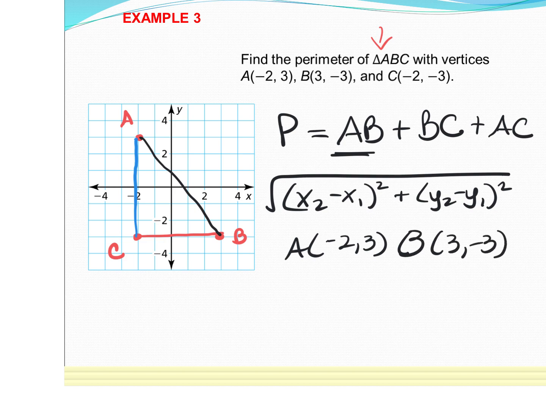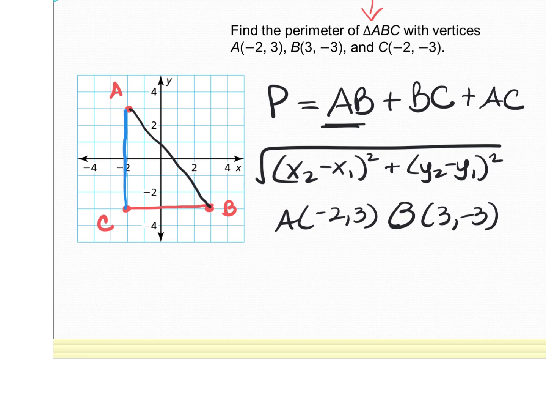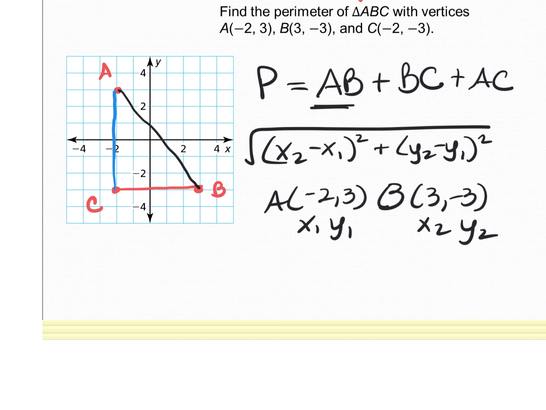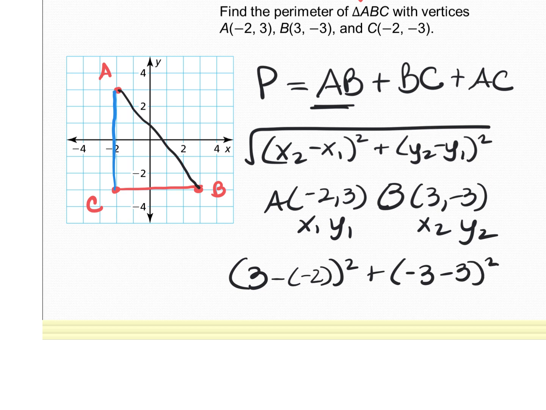I'm going to label my ordered pairs. A is going to be my ordered pair number 1, so my x1, y1. B will be ordered pair number 2, x2, y2. And now let's plug them in. So I'm just going to do 3 minus -2, and that quantity is squared, plus -3 minus 3 squared, and it's under the square root symbol.